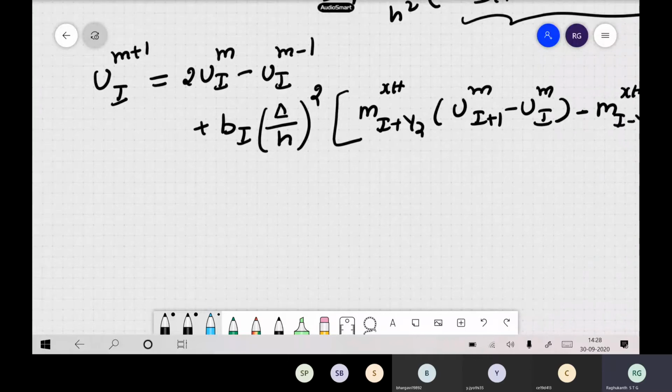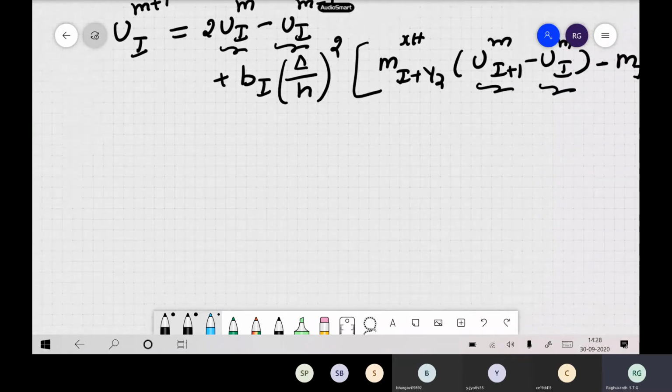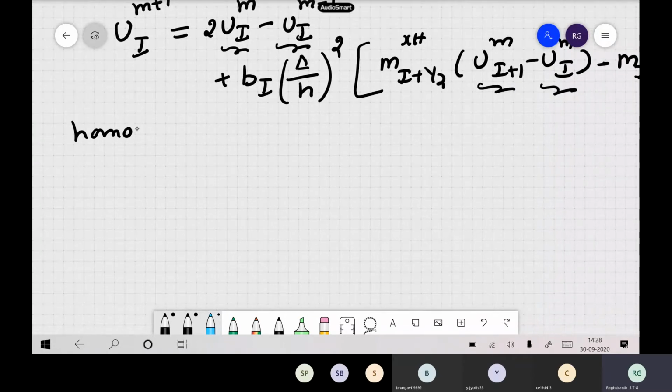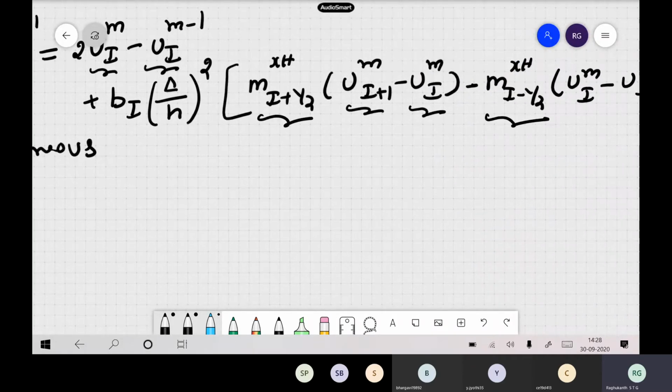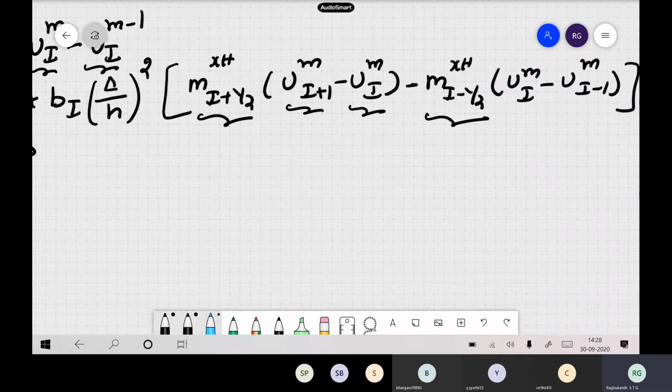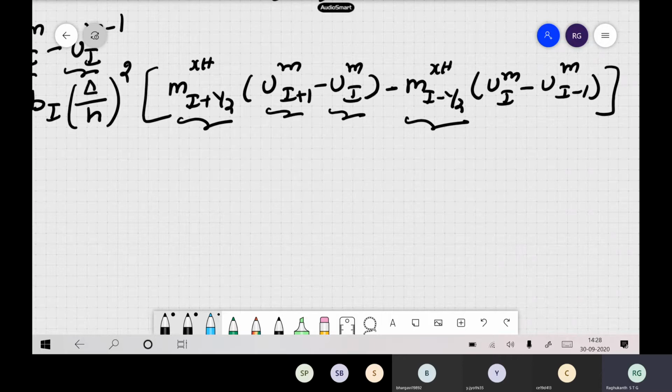So given the displacements at the previous times, using this expression you can march into the future time steps itself. So if it is a smooth homogeneous medium, these harmonic averages, you followed, right, both of them will be the same actually. So they automatically come out of this expression. So what happens if both of them are the same? So now you will have u i plus 1 m minus this term.